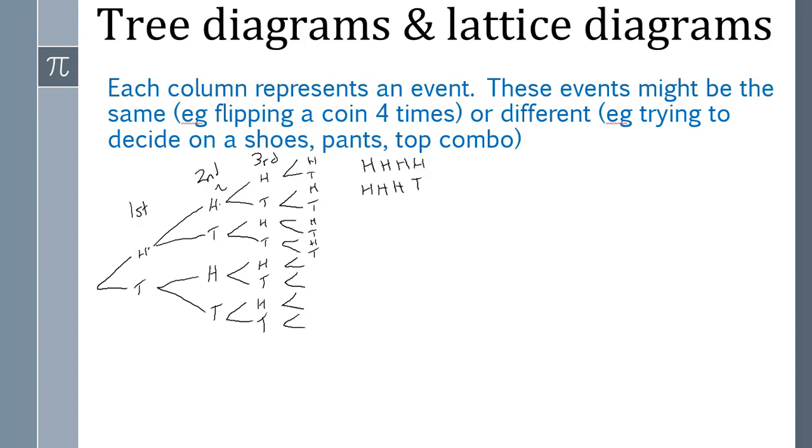They're tossing a coin every time, but they can be different. For the example here, trying to decide on a shoes, pants, top combo. Out of the shoes, they might have thongs, sand shoes, and high heels. Those might be the options for shoes.